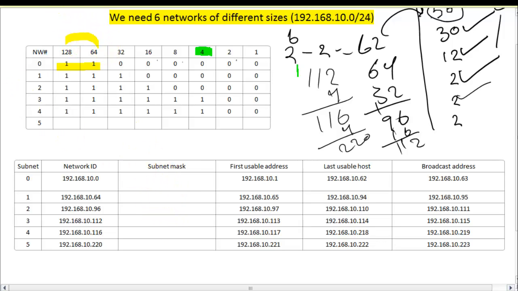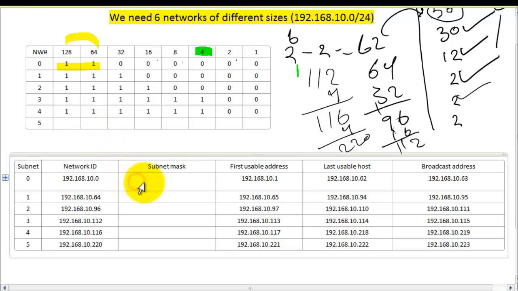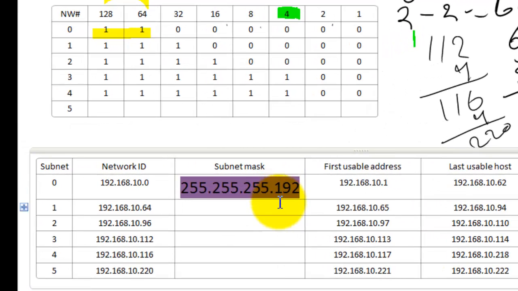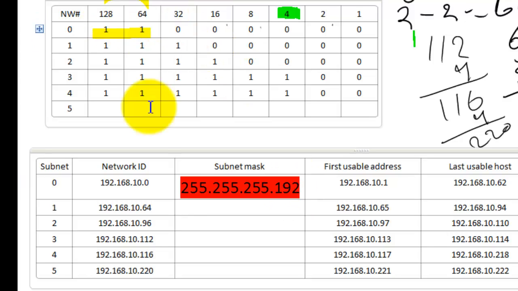The last octet will be 192, so it's 255.255.255.192. How do I get 192? This 192 is 128 plus 64.